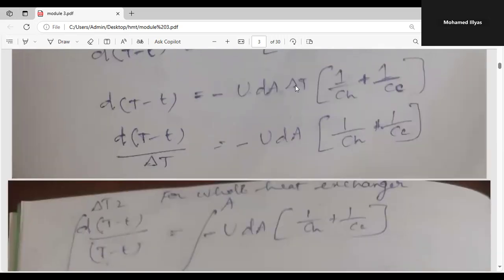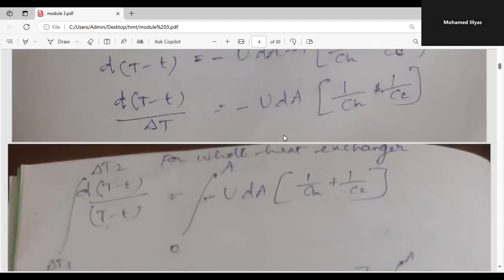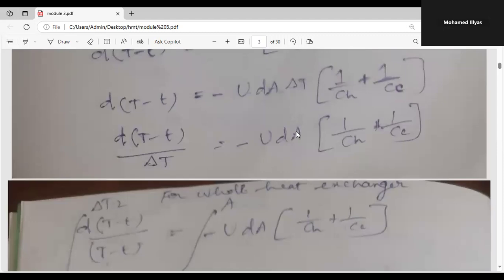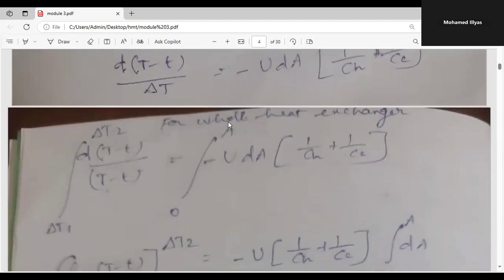And we'll bring this delta T to the left hand side, keeping the temperature difference on the left hand side and writing the other terms on the right hand side here. This relation is for an elemental area of the heat exchanger. And for the entire heat exchanger, we'll integrate over the whole area and also over the temperature difference from delta T1 to delta T2, that is from inlet to outlet.